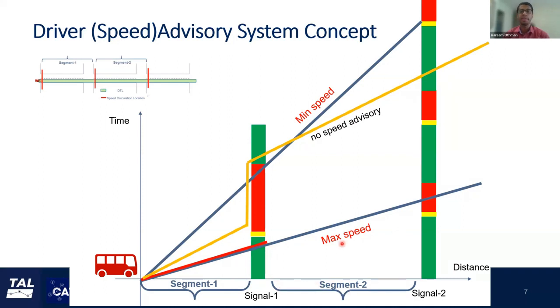The algorithm will try to evaluate the maximum speed, but traveling at the maximum speed means that the bus will have to stop at the intersection at the red phase. So the driver advisory system algorithm will keep iterating until it reaches the speed that allows the bus to clear the intersection without stopping. So you achieve a speed that's very similar to traveling at the maximum speed, but you have avoided any intersection stop.